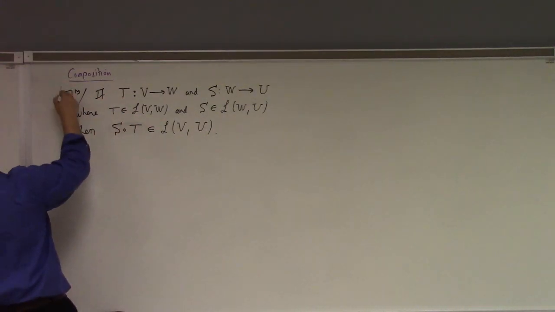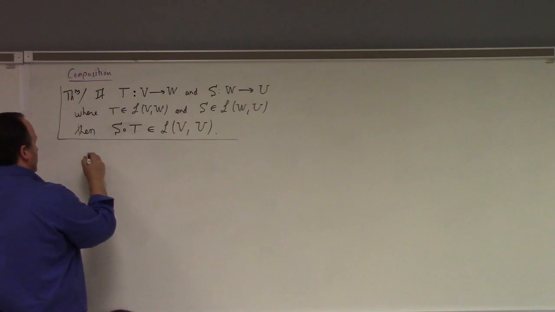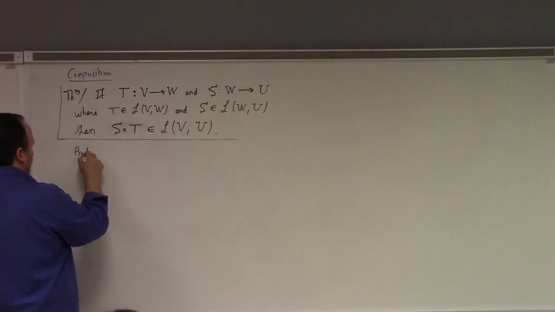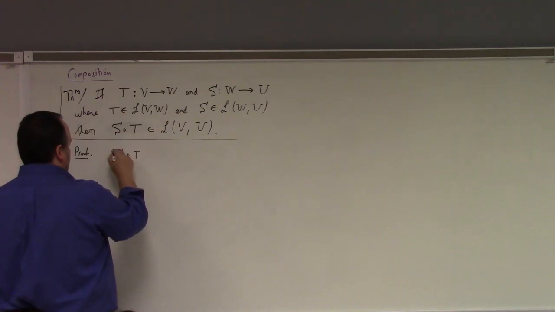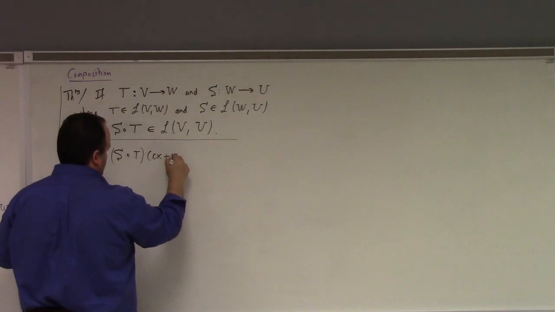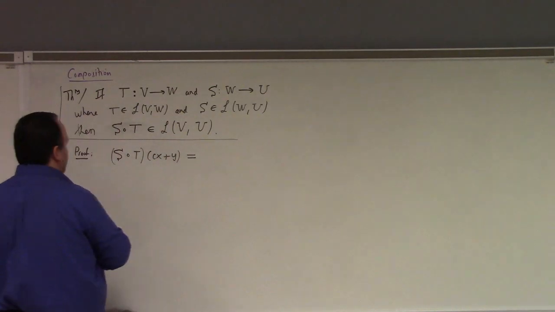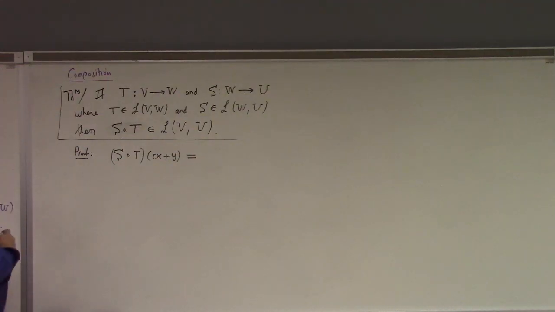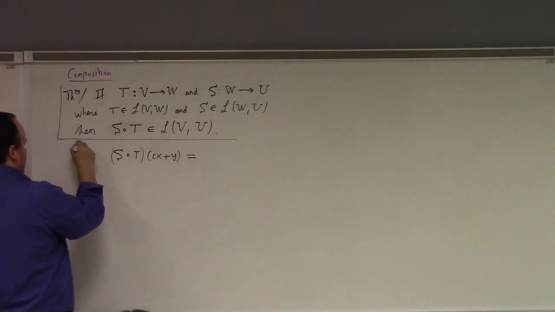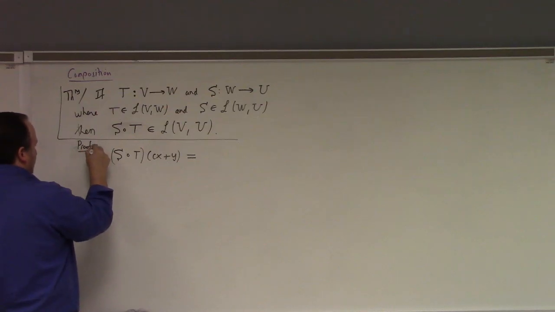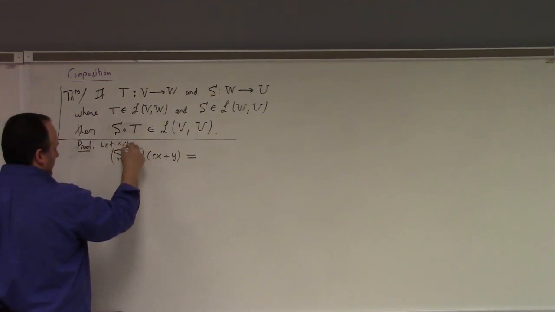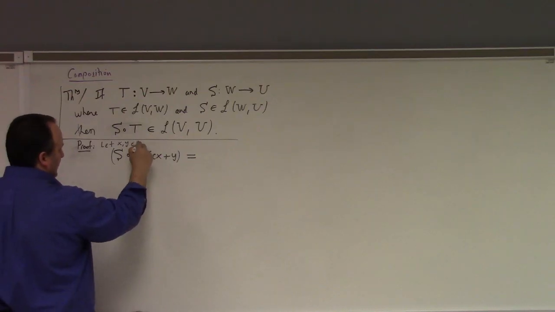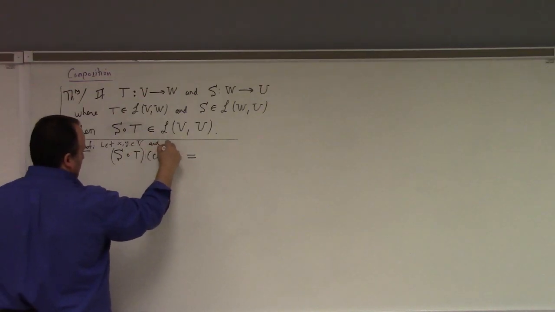All right, so great. So proof: we look at S composed with T, and we act on Cx plus Y, right? And to be fussy, let X and Y be in the vector space V, and C a scalar.